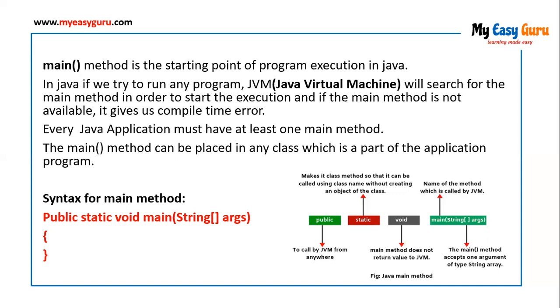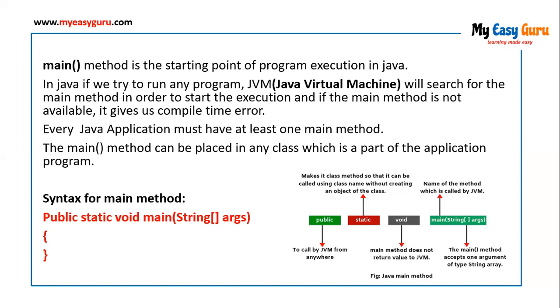Static makes it a class method so that it can be called using the class name without creating an object of the class. Void means the main method does not return a value to the Java virtual machine. And then we write main, because that is the name of the method which is called by the JVM.